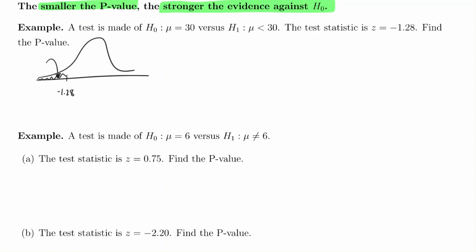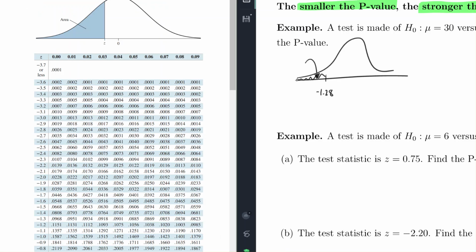Now, in previous lessons, we took a z-score and, from our cumulative normal distribution chart, we were able to find the area to the left of that score. And that's exactly what we're going to do here. So looking at our cumulative normal distribution chart, I look for a z-score of negative 1.28, so I'm going to look at the negative 1.2 row, which is all of these, and I'm going to go to the 0.08 column.